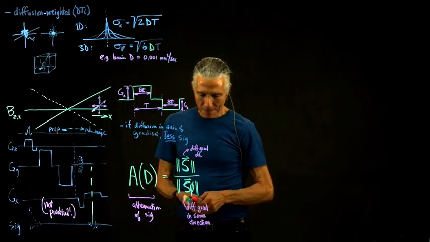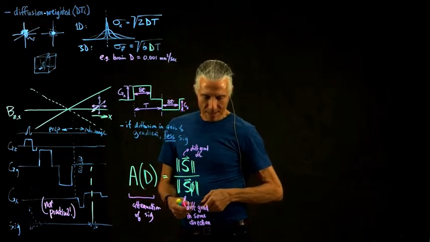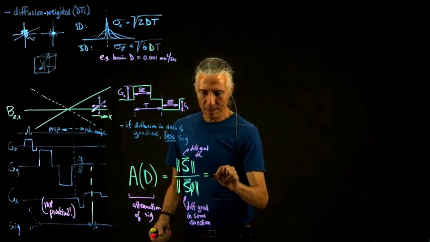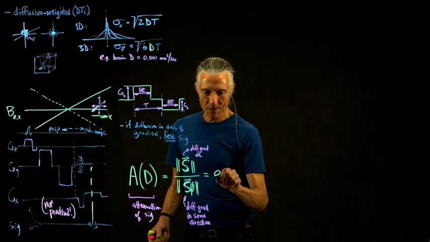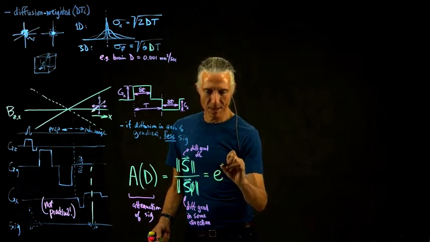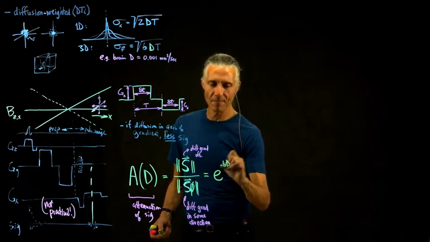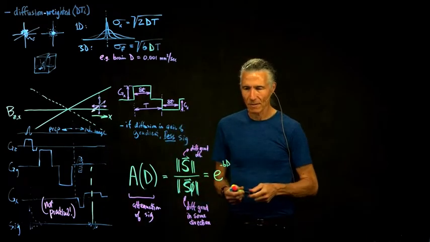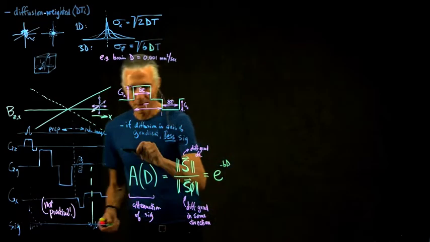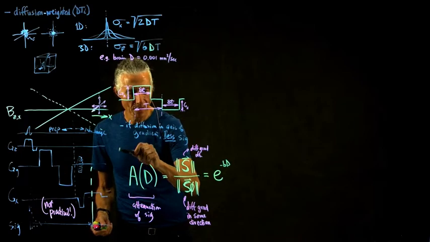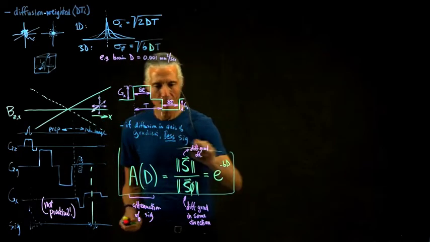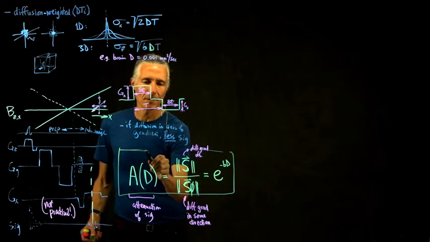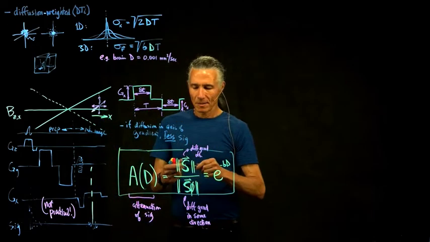And what is that equal to? Basically it's a very simple equation. It's got minus b times d. So that's our first equation. It's just an exponential decay.